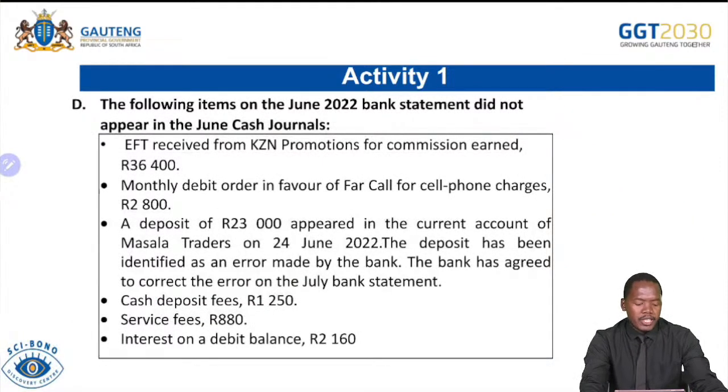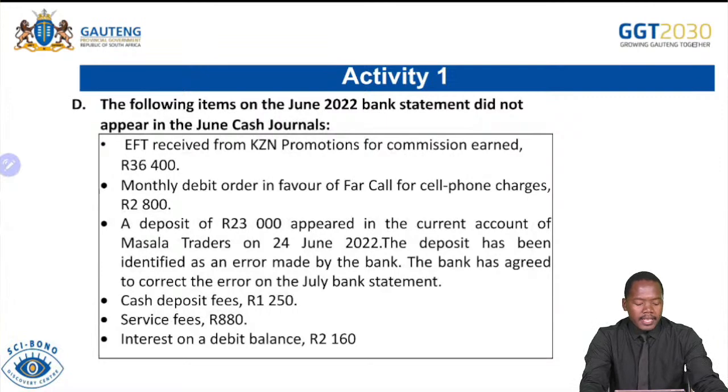Moving forward, we have information D. The following items on the June bank statement did not appear on the June cash journals. Rule for bank reconciliation: items only appearing on the bank statement correctly should be recorded on the respective CRJ or CPJ, the cash journals.